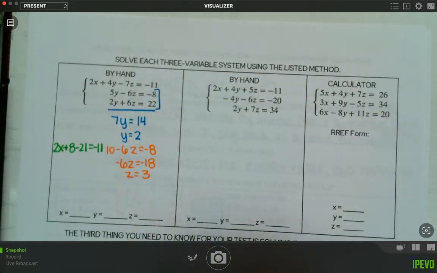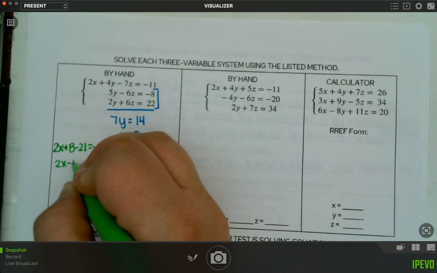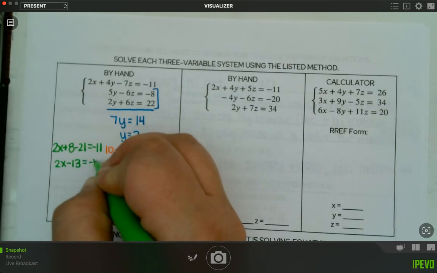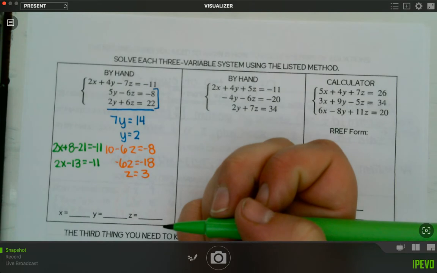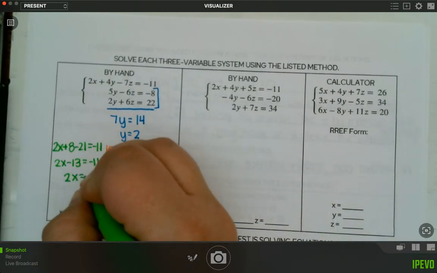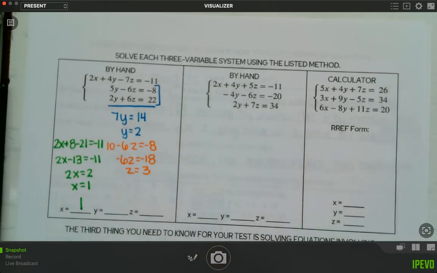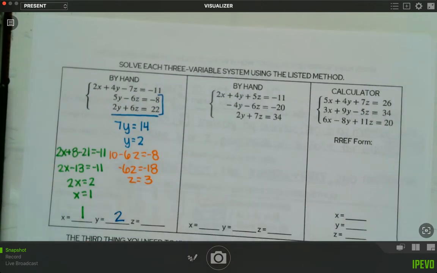Well, 8 minus 21 is negative 13. So now I can add the 13 to the other side. I get 2x equals 2, so x equals 1. Y equals 2, and z equals 3.